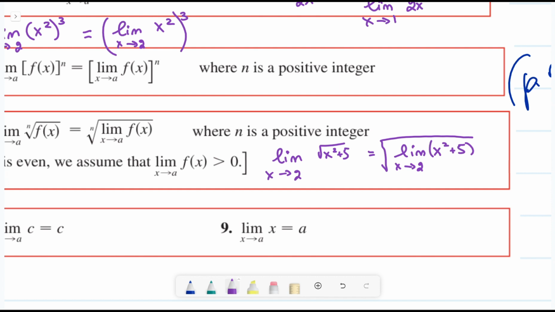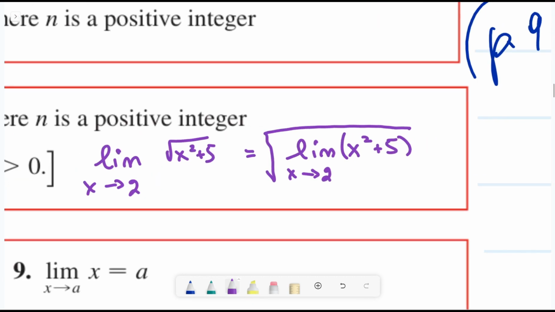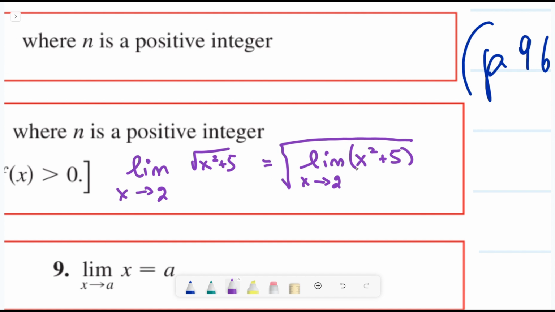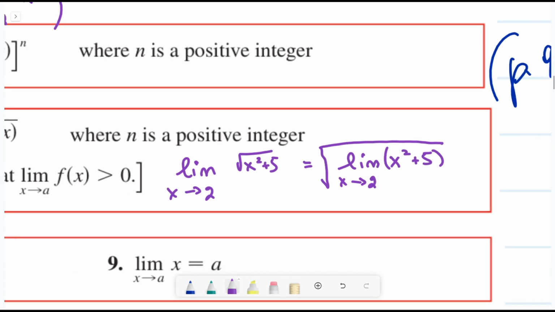And please notice that whenever I have two terms, x squared and 5, put them in parentheses to make clear the limit of what you are taking.